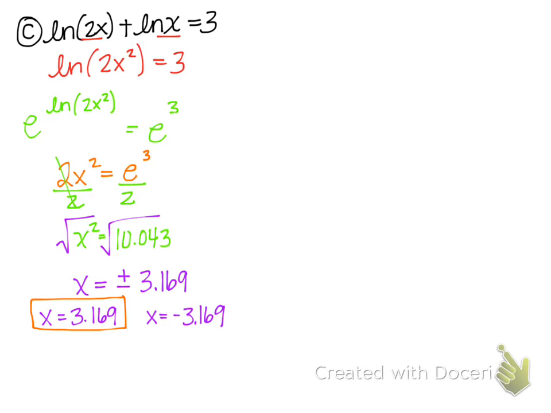Now when we put in the negative one, right there, it violates the rule that we can't take a log of a negative number. So this solution is extraneous. So remember, when you're solving using natural logarithms, e's and natural logs act like opposite operations and they cancel each other out.